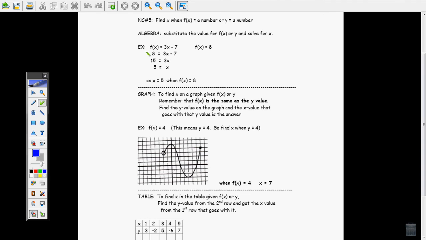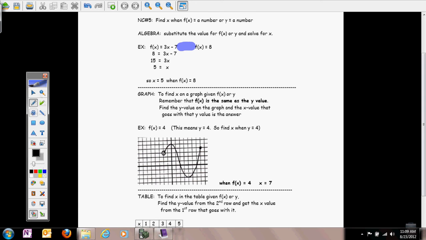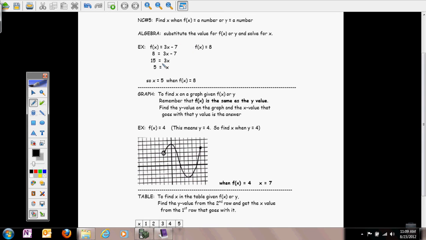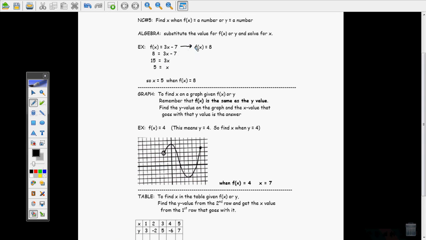The example that they give us is f of x is equal to 3x minus 7, and they tell us that f of x is 8. So all they've done here was substitute f of x with 8. Here's how it works.